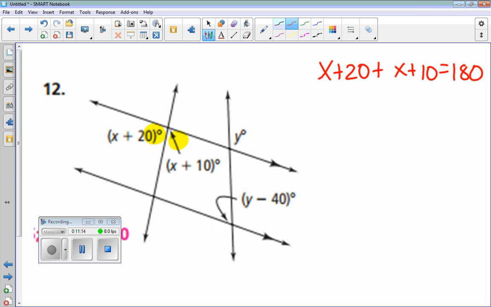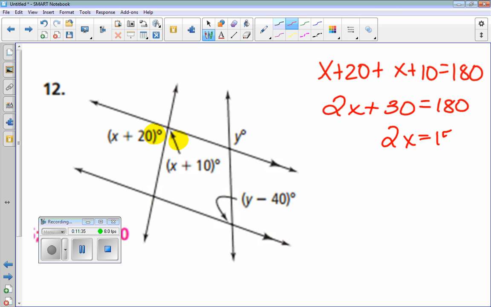Yeah, because they're on the same side, right? I don't have to move anything at this point. I'm just combining like terms. So what am I going to have? 2x plus what? Perfect. Now I've combined everything on the same side of the equal sign, so now I'm going to start moving some things. Stephanie, what do I do at this point? Perfect. And I get 2x is equal to 150.